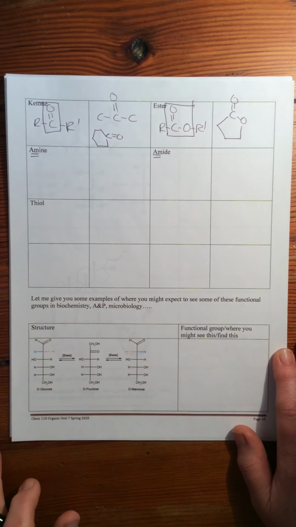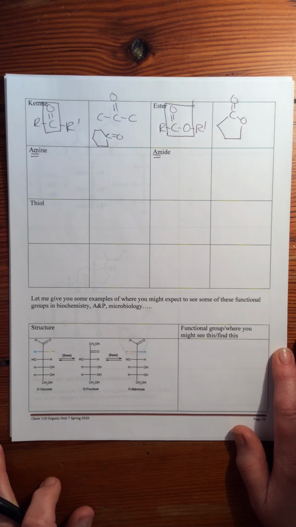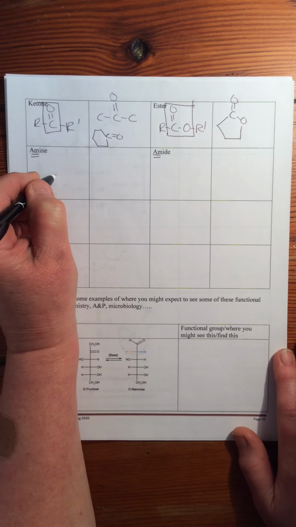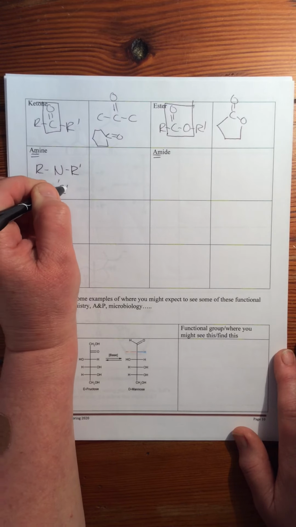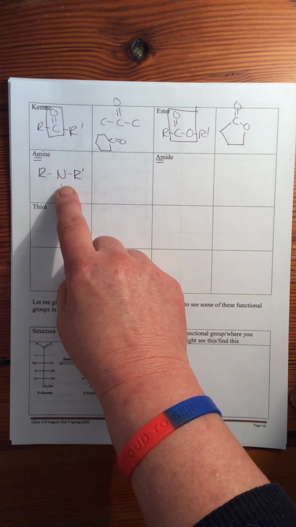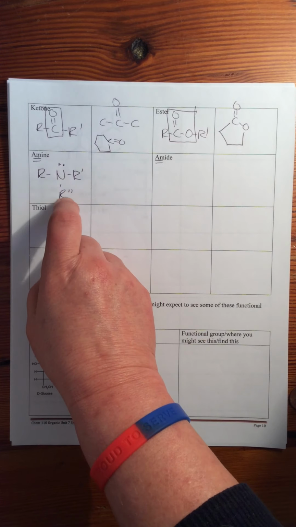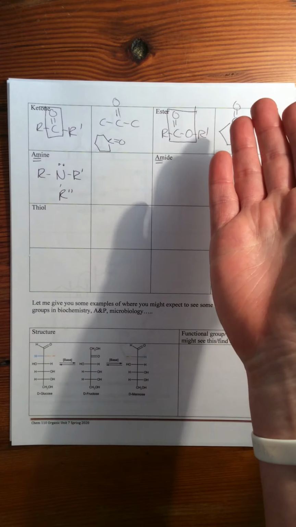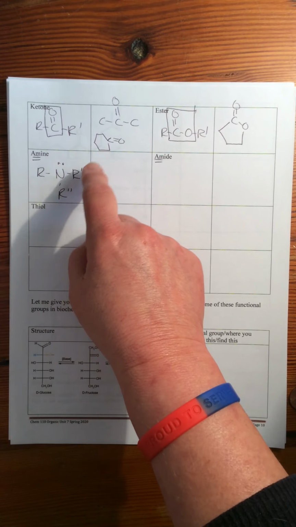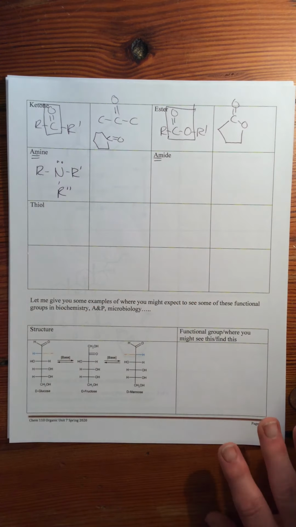Am means nitrogen, just like ammonia or ammonium. So amines have this basic structure. Remember, we have a lone pair here. As long as one of these is a carbon, then life is good. You have an amine. If these are all hydrogens, you have ammonia.